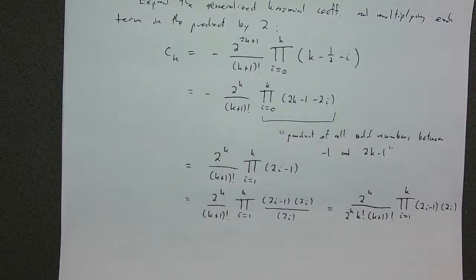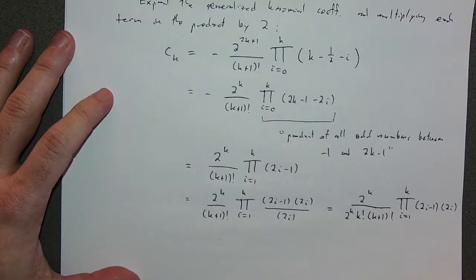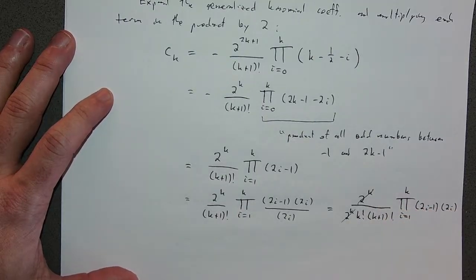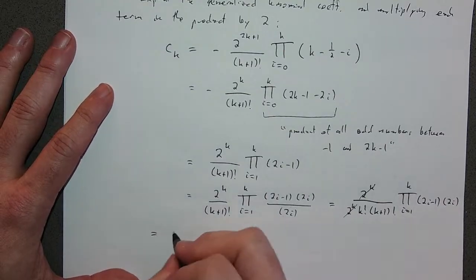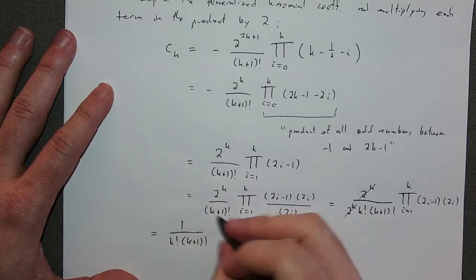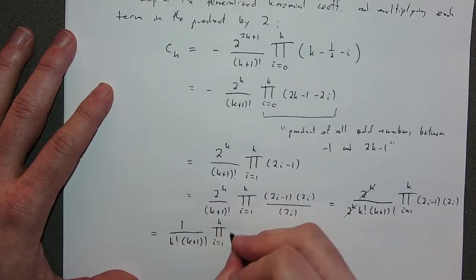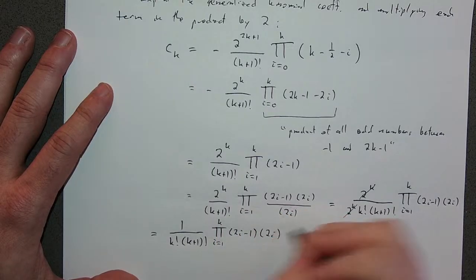Okay. So we're almost done here. The 2 to the k's cancel, and I'm left with 1 over k factorial times k plus 1 factorial times this product from i equals 1 to k of 2i minus 1 times 2i.